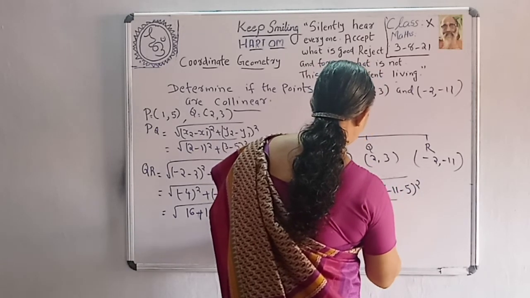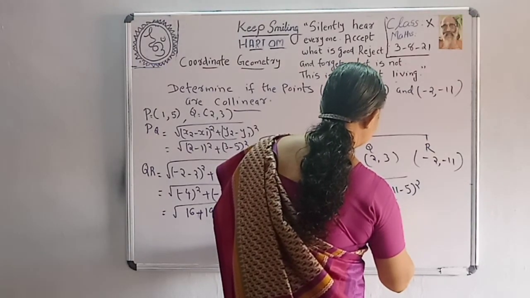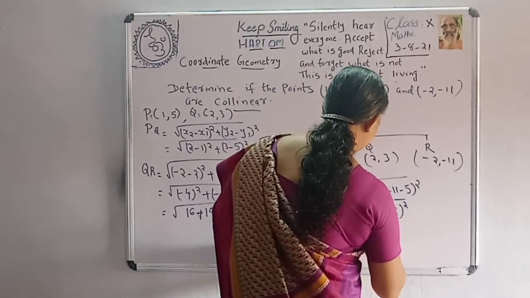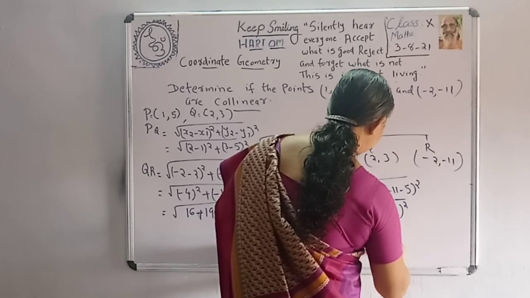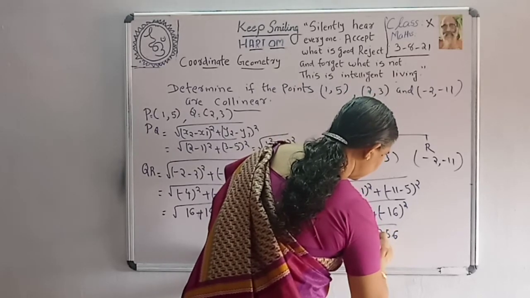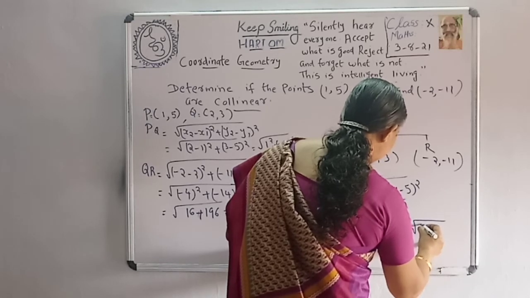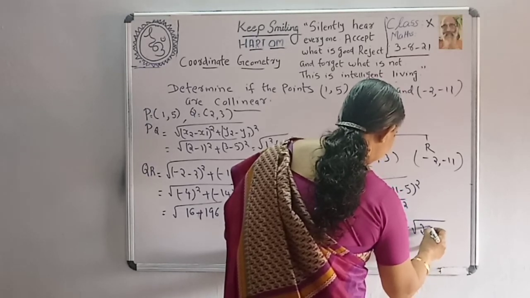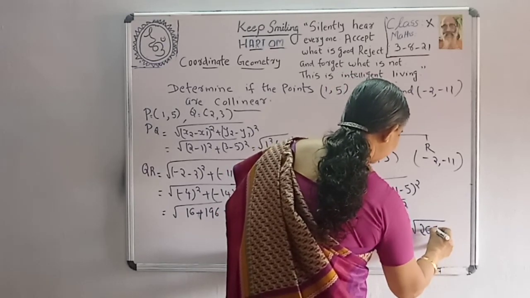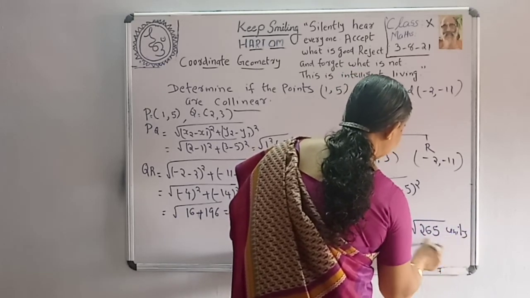That is the square root of (-3) the whole square plus (-16) the whole square, which is the square root of 9 plus 256, that is the square root of 265 units.